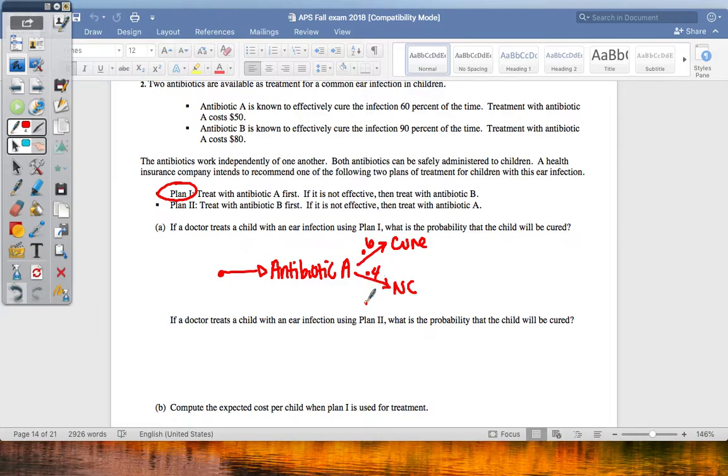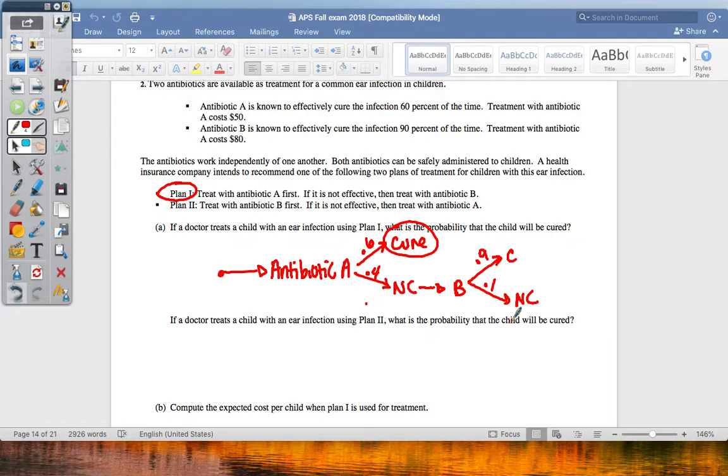For the cure side of it, if it is cured, it is done, because we don't want to use it. If it is not cured, we're going to actually implement B, which then has the probability of being cured 0.9 of the time. So I'll put C, which is 0.9, and not cured 0.1, or 10% of the time.